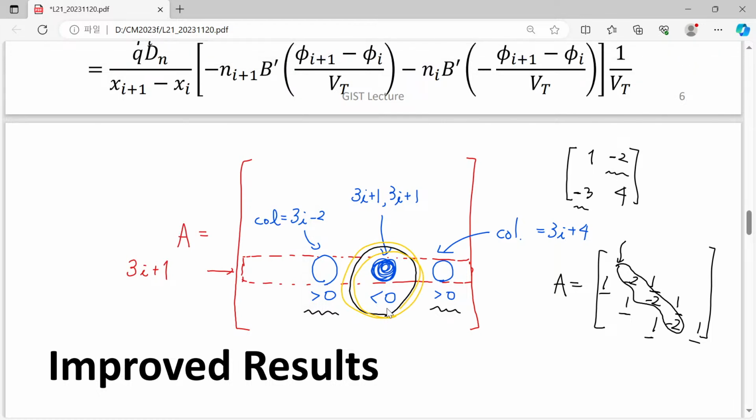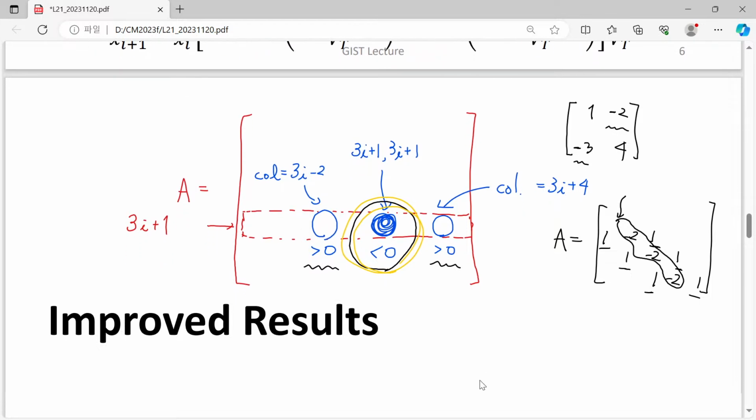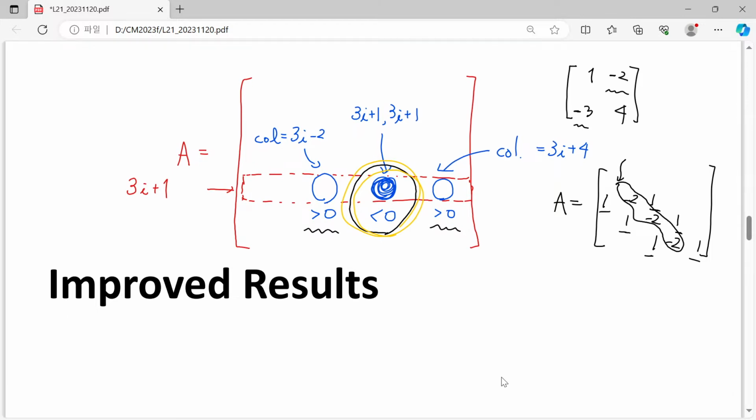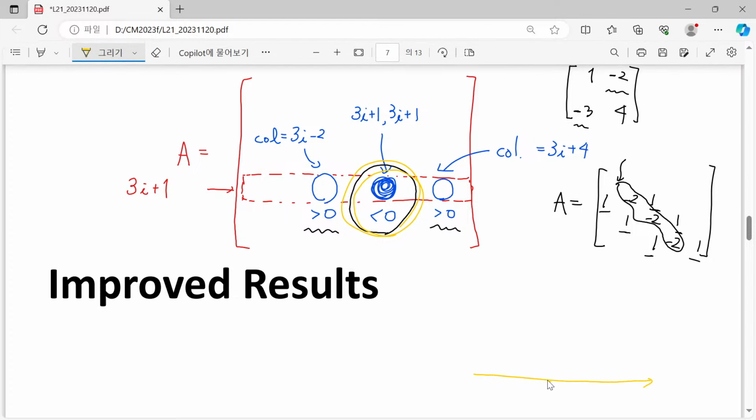Why is that so important? Please think about this one. What is the physical meaning of these three components, here, here, here? The physical meaning of our electron continuity equation is just counting the number of electrons inside this area.